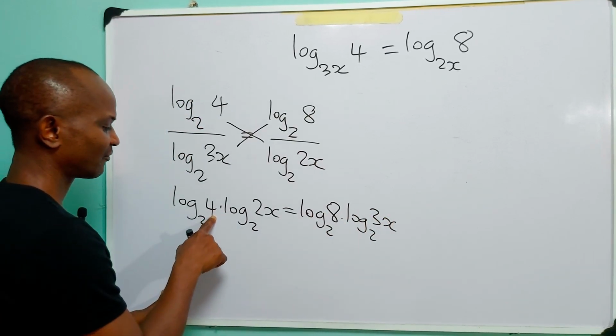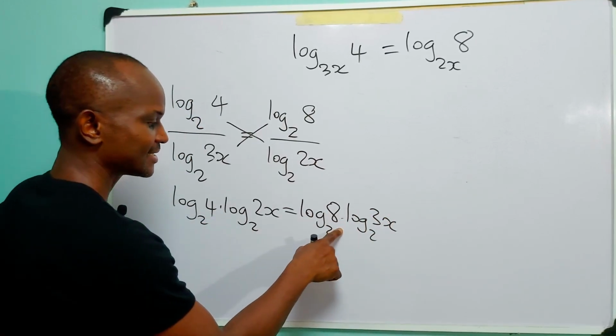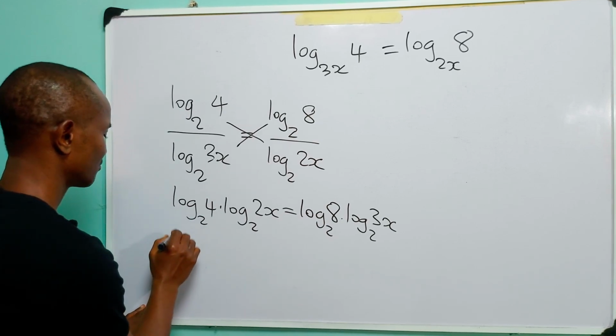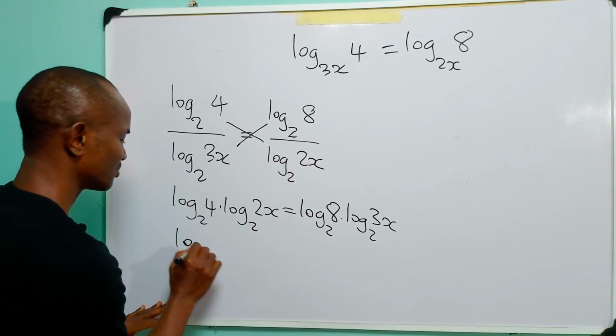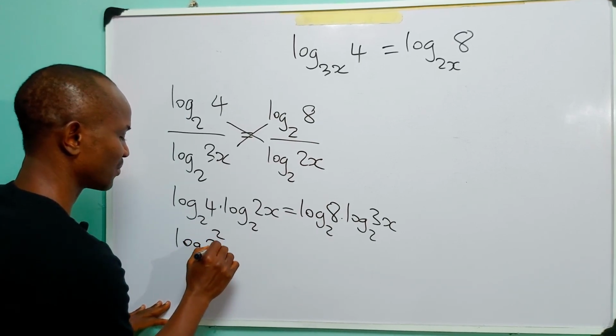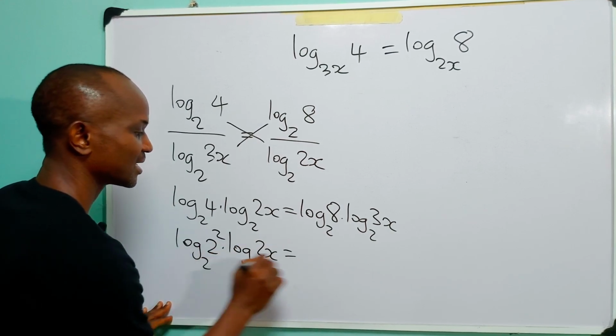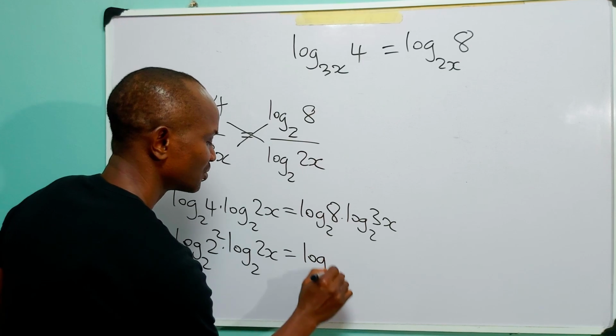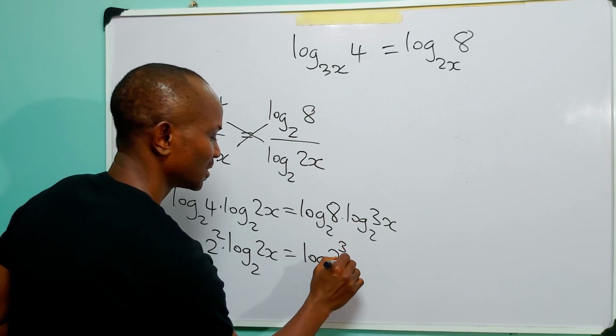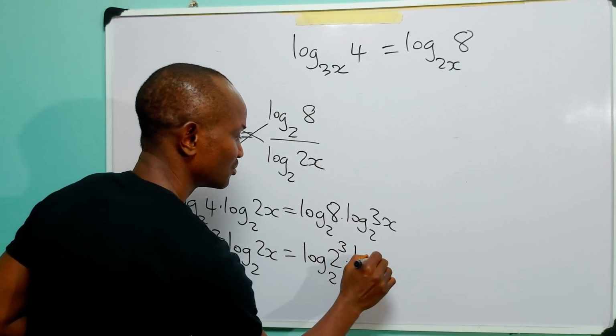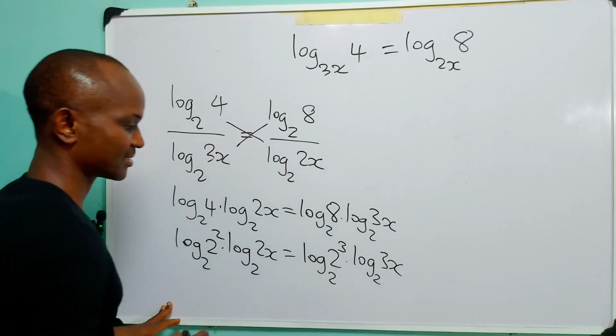But let us remember that 4 is 2 squared and 8 is 2 cubed. So we have that log base 2 of 2 squared multiplied by log base 2 of 2x is equal to log base 2 of 2 cubed multiplied by log base 2 of 3x.